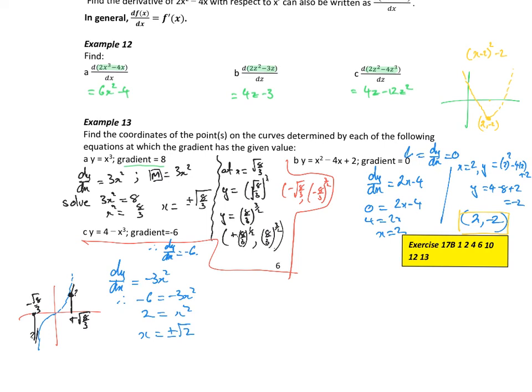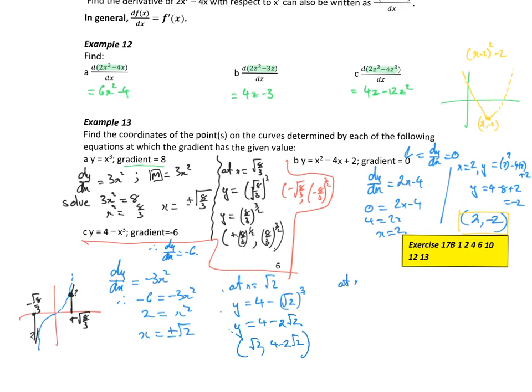So I need to find the coordinates. At x equal to positive root 2, y is equal to 4 minus root 2 cubed. Root 2 cubed is root 2 by root 2, which is 2, times root 2, which is 2 root 2. So my coordinate will be (root 2, 4 minus 2 root 2).